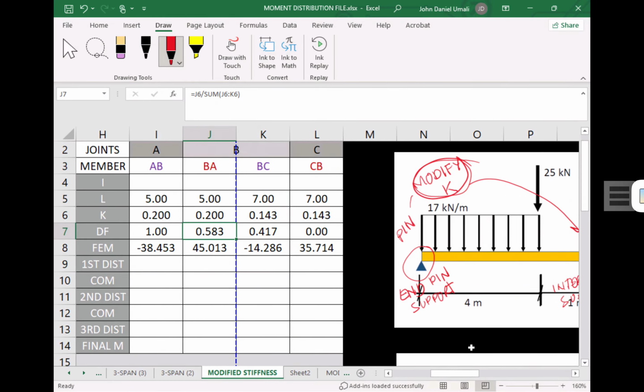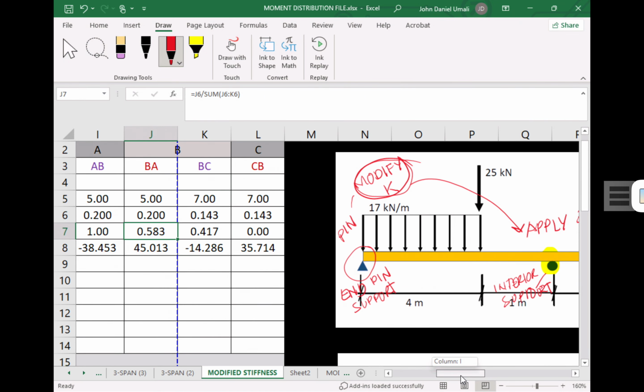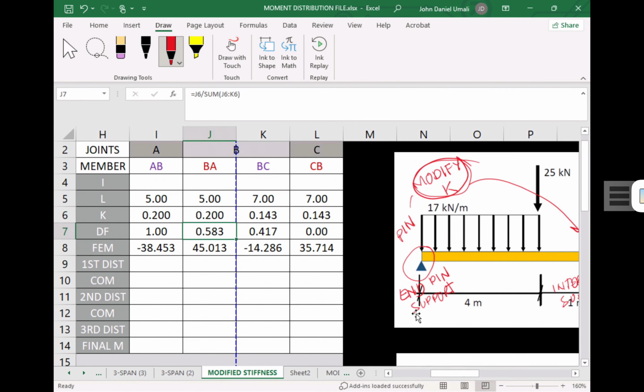So, ang mo-modify natin is yun nga, yung interior support nung may end support na, or yung member na may end support na pin or a roller. Okay, so yung member na yon is the member that is a pin, a support that is an end support that is a pin is CAB.